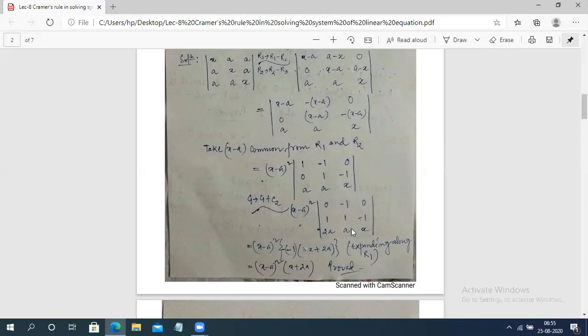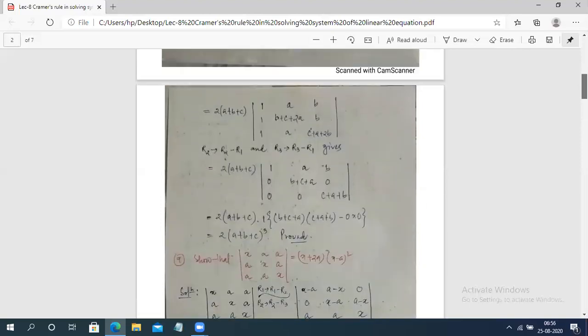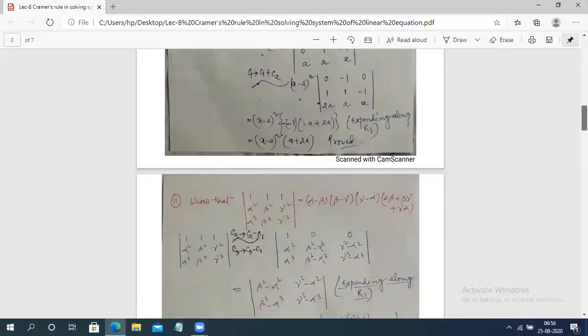So 1 into x, that is x, minus of minus 1 into 2a, that is plus of 2a. So it will be negative, negative, positive, so x plus 2a. So x minus a whole square into x plus 2a. Now it is proved. Clear?